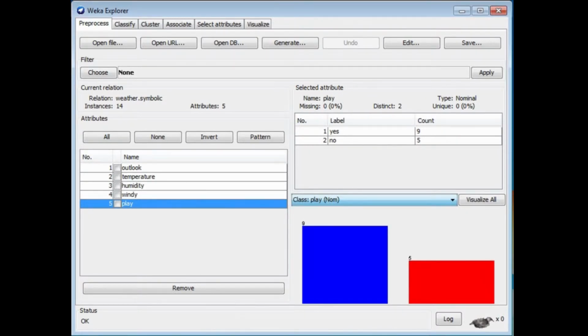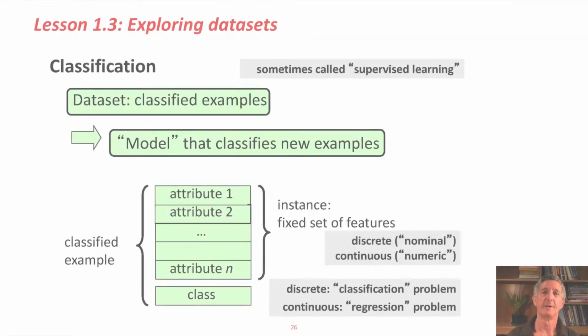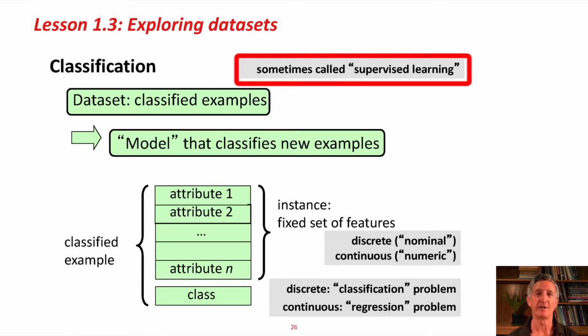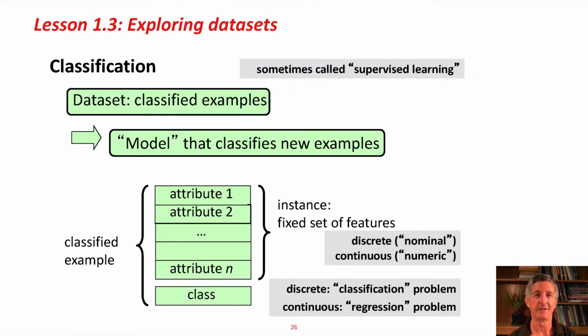So that's the weather data set, and we've already explored that. As I said, it's a classification problem, sometimes called a supervised learning problem. Supervised because you get to know the class values of the training instances. So we take as input a data set of classified examples.